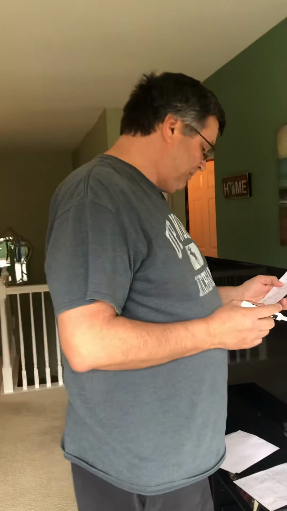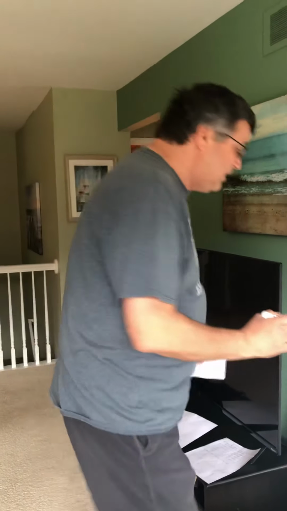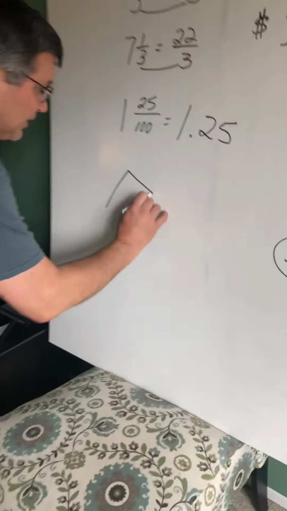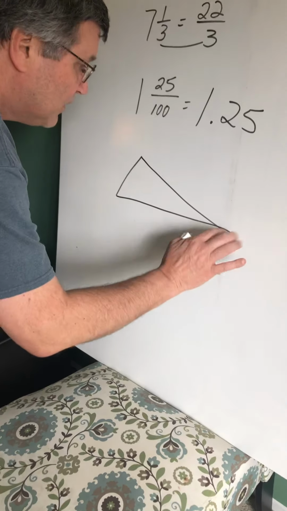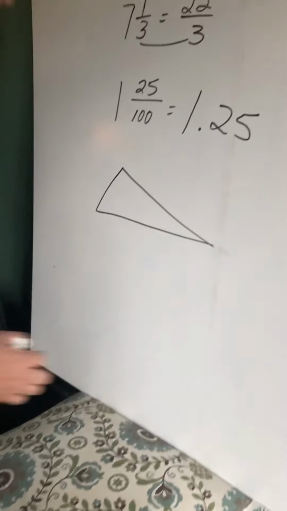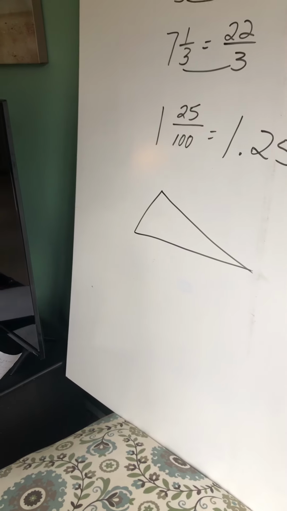So that's rounding. The last part is I gave you 6 triangles. You remember doing this a while back. And it might be something like this, okay? Hopefully they'll look better on the paper. But okay, so I give you a triangle and you have to name it 2 ways. Remember doing that? You have to look at the angles. Is there anything special about the angles? Are they all acute? Is one obtuse? Is one right? Okay, that gives it one name.